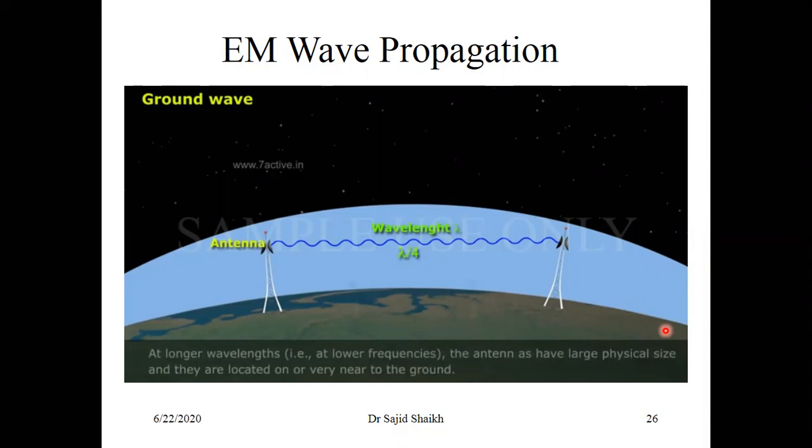The quality of service, meaning how the receiving antenna receives the power or the electromagnetic signal, will be degraded.